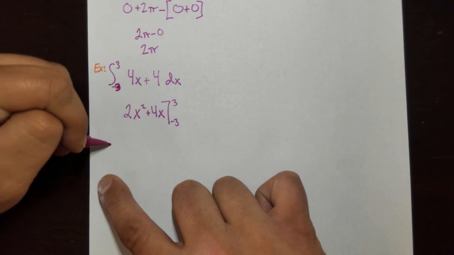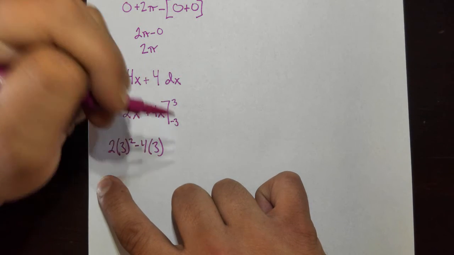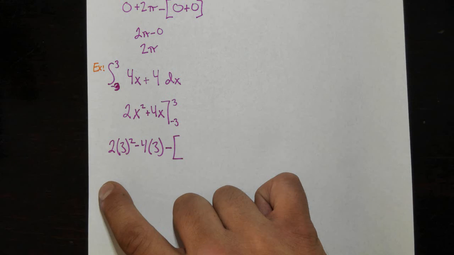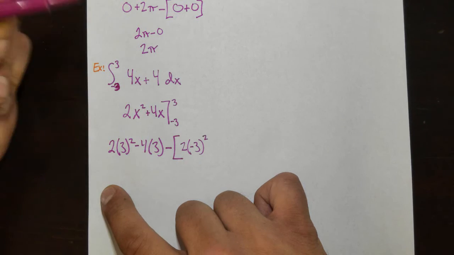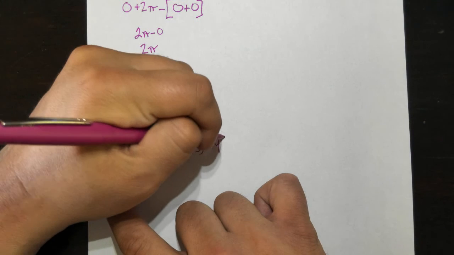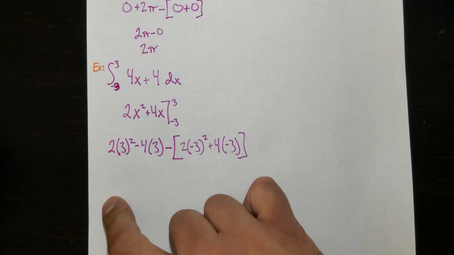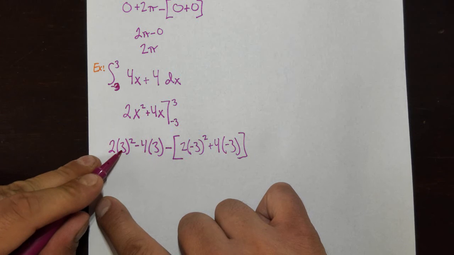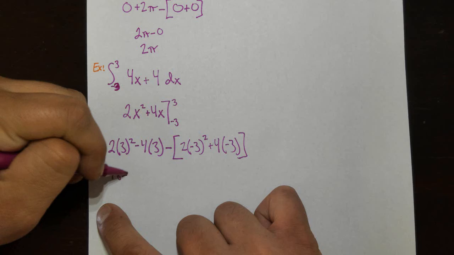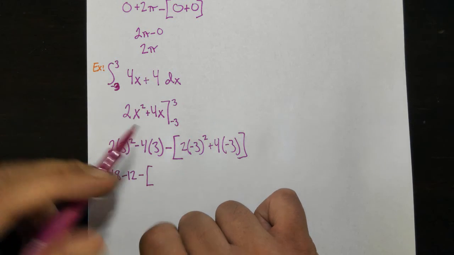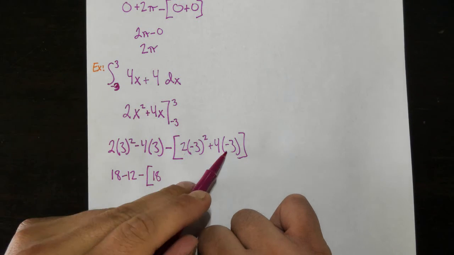So let's see here. 2 times 3 squared plus 4 times 3, minus, in brackets now, 2 times negative 3 squared plus 4 times negative 3. Okay. So we're going to have, let's see, this is 9 times 2 is 18, plus 12, minus 18 minus 12.